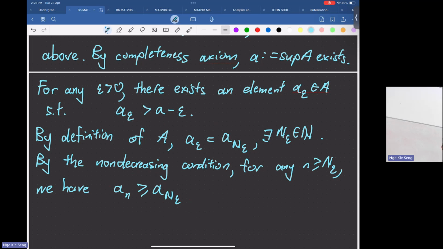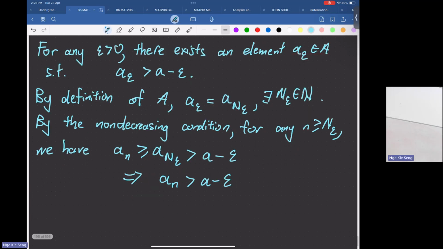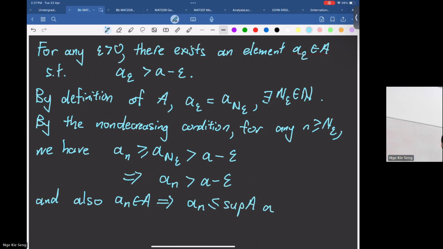And by the least upper bound property, a_{N_epsilon} is greater than A minus epsilon. So we have one inequality: a_n is greater than A minus epsilon. Also, a_n is in A, so a_n is less than or equal to sup A, which is A.